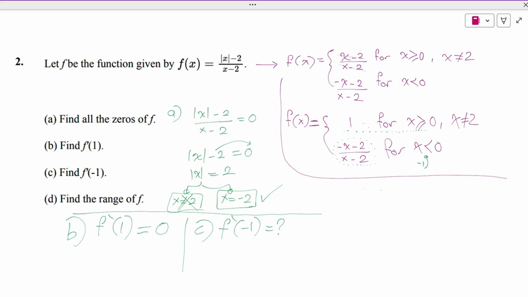So we will have f prime of x, for x less than 0. We have the denominator squared, and here we have the denominator times the derivative of the numerator minus the numerator times the derivative of the denominator, which is 1.